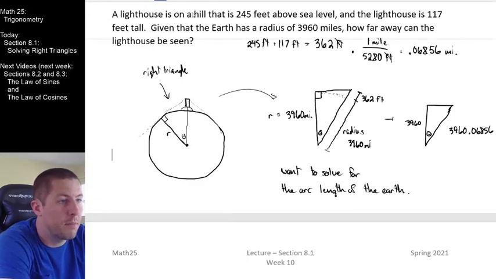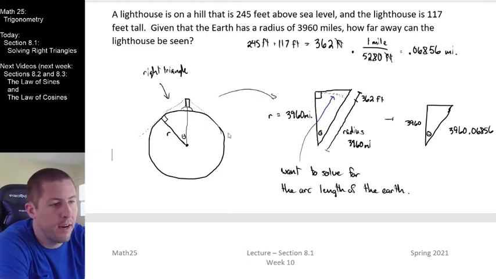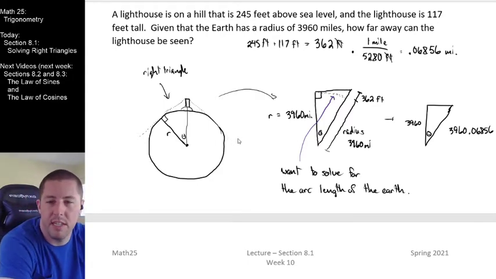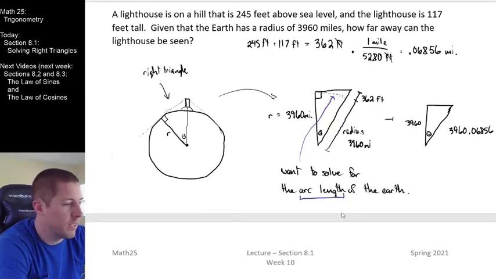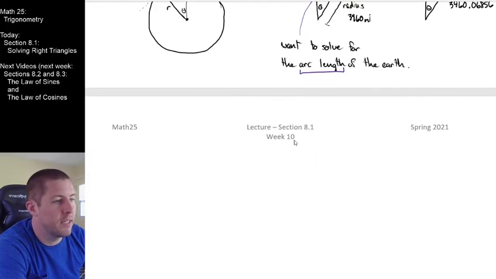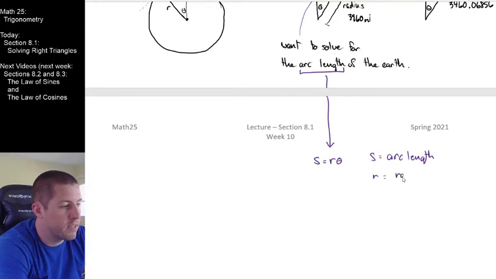I'm going to put an obnoxious arrow in here indicating that guy right there. That's really what we're interested in. So what is our arc length formula? Let's remember our arc length formula is S equals R theta, where S is arc length, R is radius, and we've got that.